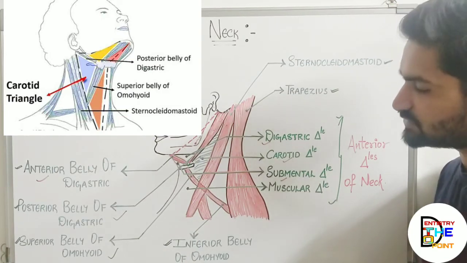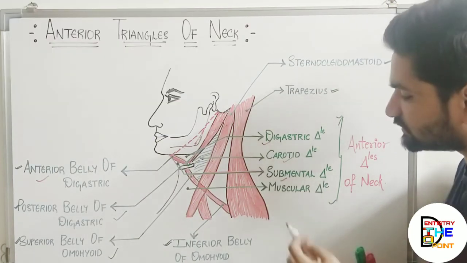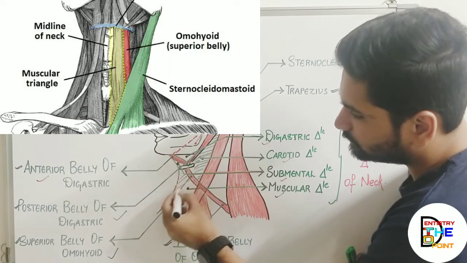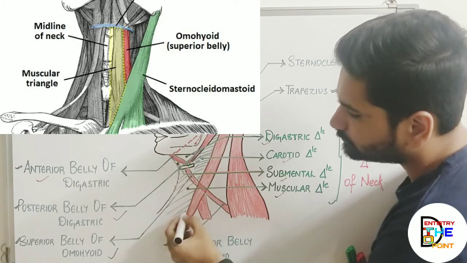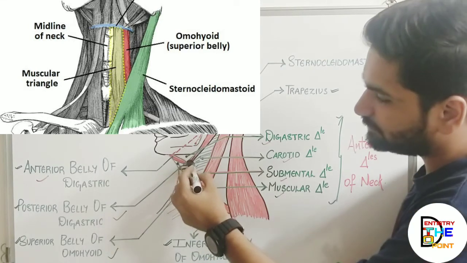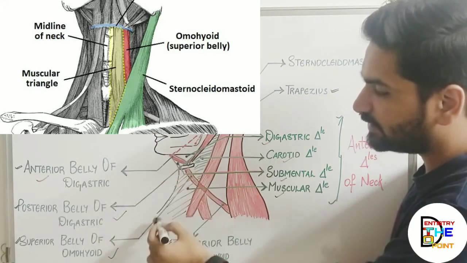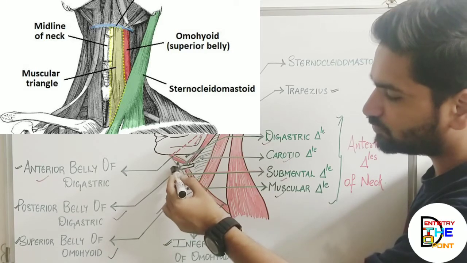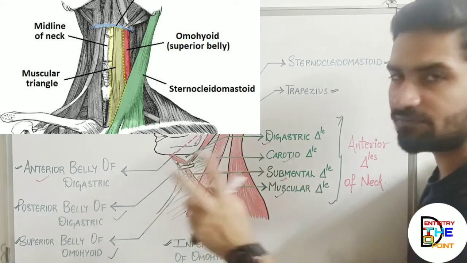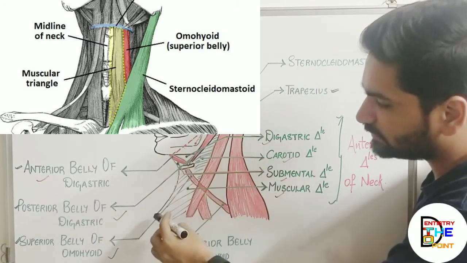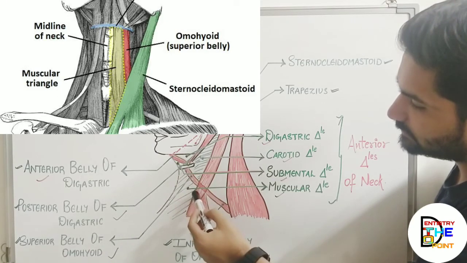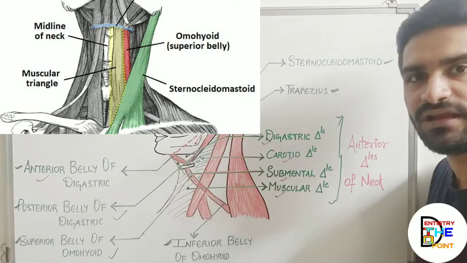Next triangle which we will discuss is the muscular triangle, which is the last triangle we need to discuss. So this is your muscular triangle. It is formed firstly by the base of the hyoid bone, and the midline of the neck, from the hyoid bone till the sternum. So we have discussed two boundaries, the hyoid bone and the midline of the neck.